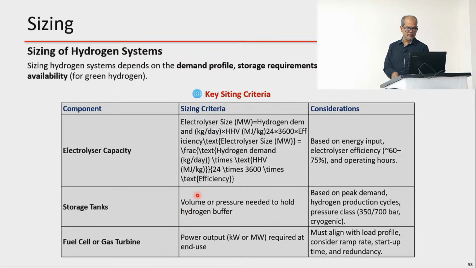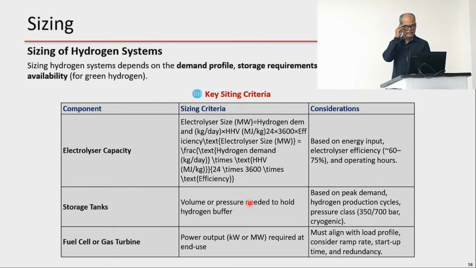So if you want to calculate the electrolyzer size, this sort of equation you are going to utilize. This is quite a simple equation, based on the demand and so on, you can find out what sort of electrolyzer capacity you might need for your particular application, what the volume and pressures are that are needed to find out your storage tank sizing, and your power output.